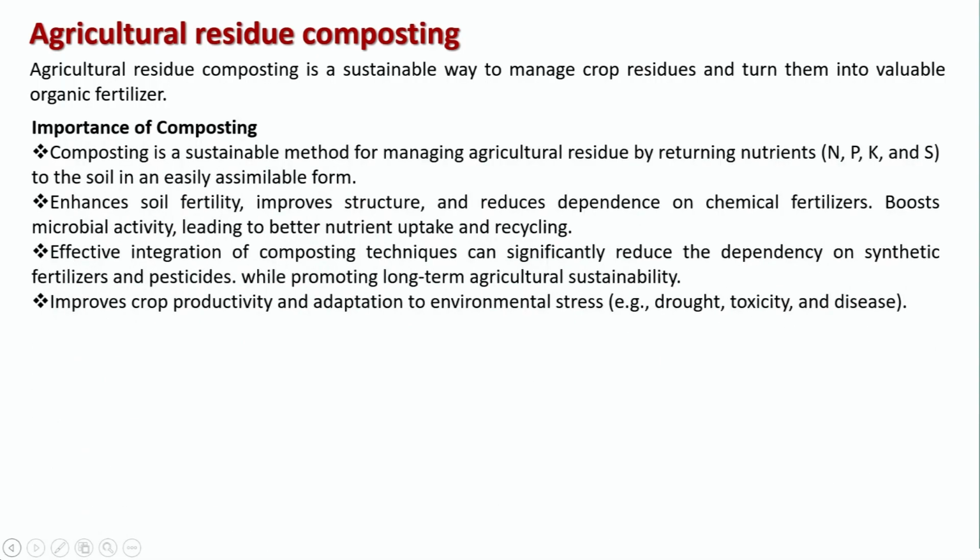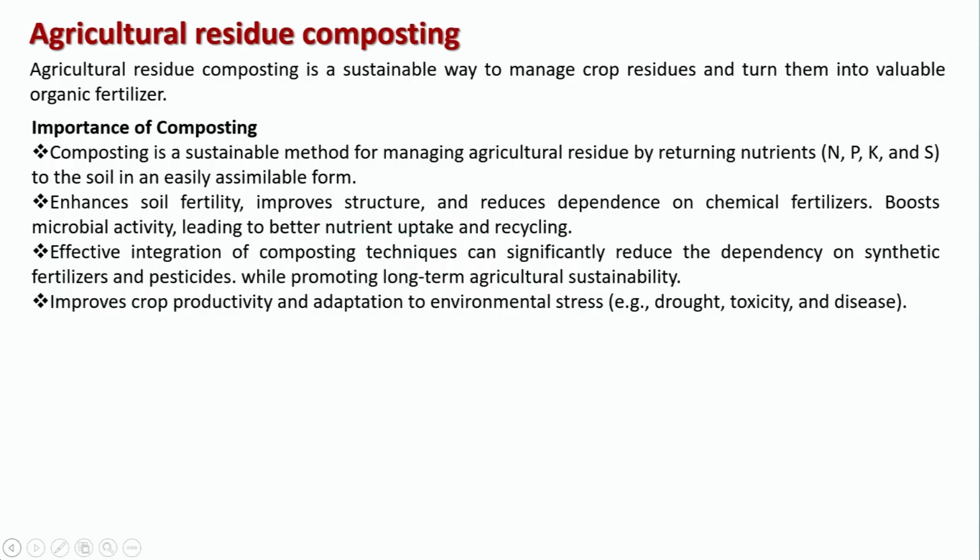There are multiple objectives and importance of composting. It is a sustainable method for managing agricultural residue, and we want to return those nutrients, whether macronutrients like NPK, micronutrients or secondary nutrients, back into the soil in an easily assimilable form. Once it is in an easily assimilable form, the plant doesn't have much stress in taking up those nutrients.